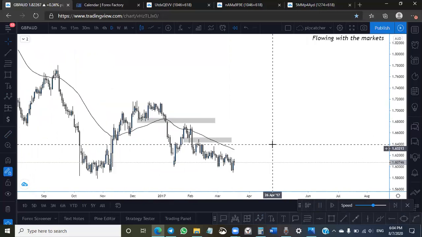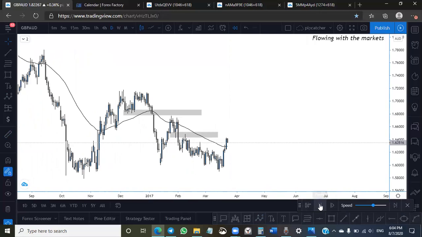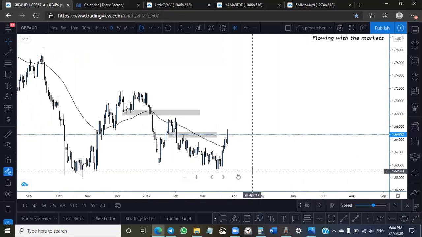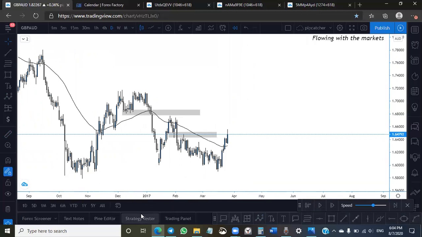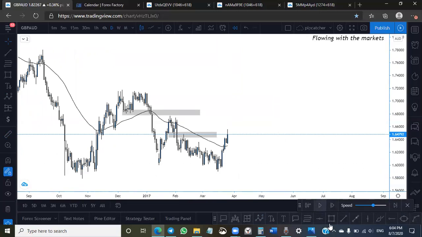So one thing to take into consideration when looking at these markets is a lot of the time the market will set itself up for you, right?